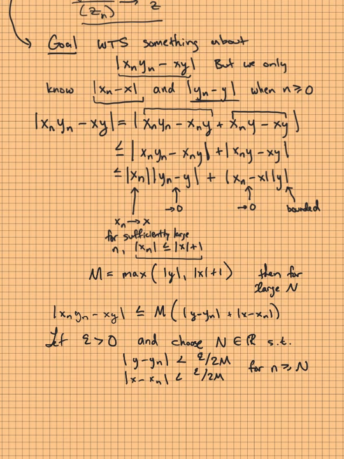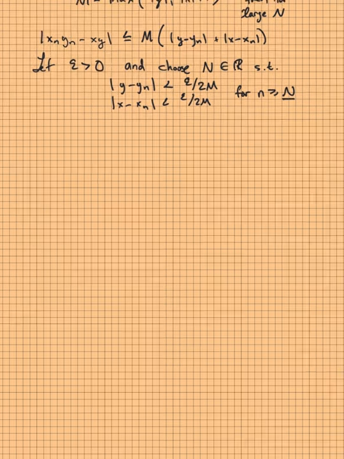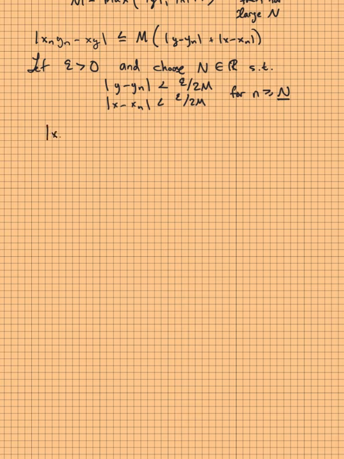So again, since these two sequences converge, you can do this, and then they might converge at different rates, but you just take the larger value of N that you get from each sequence. So this is some max of a value for x and a value for y. And now we've cooked it up so that |xn yn minus xy| is less than or equal to m times, actually strictly less than, epsilon over 2m plus epsilon over 2m, which is less than epsilon.